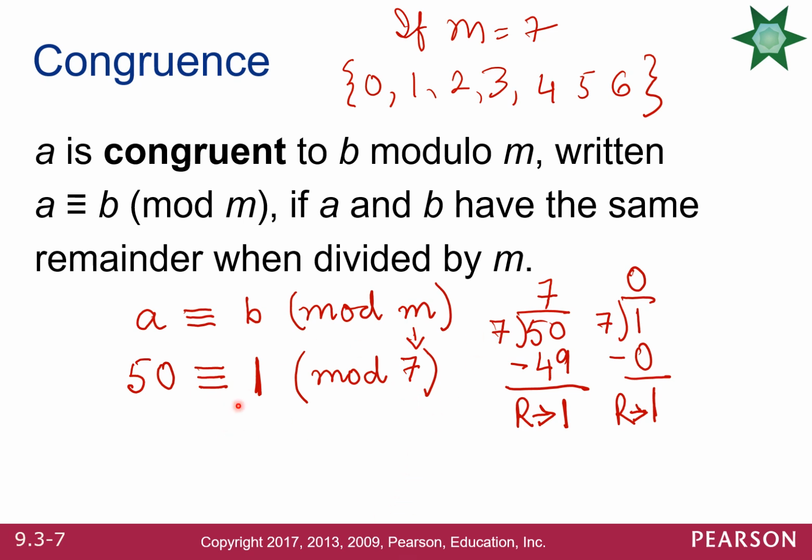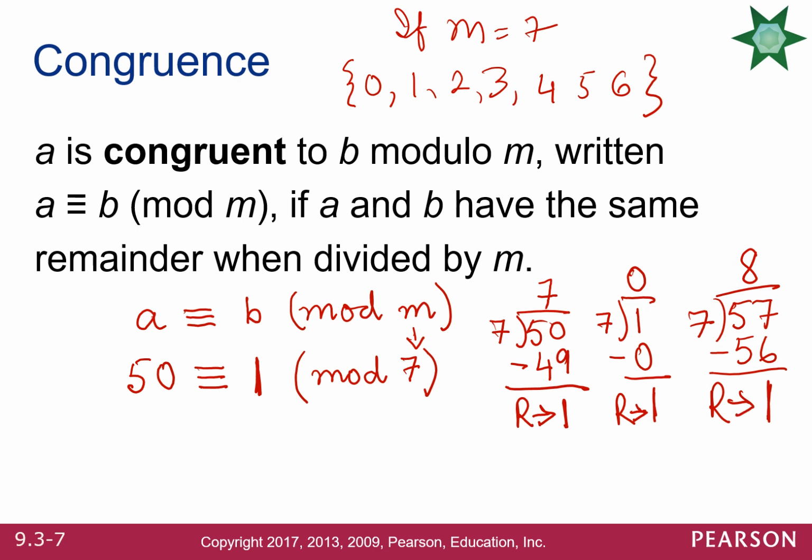However, if we choose another number like 57 and divide it by 7, let's do that. 7 times 8 is 56. 57 minus 56 is 1. That too has a remainder of 1.